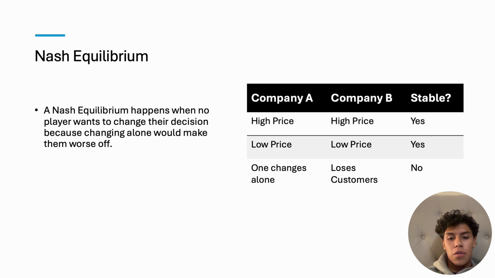If one airline suddenly lowers prices too much, it may lose profits. Because of this, both airlines often stay with the same pricing strategy. This is an example of a Nash equilibrium. The Nash equilibrium helps explain why businesses often continue using the same strategy for long periods of time.